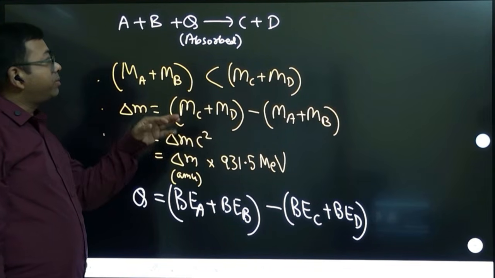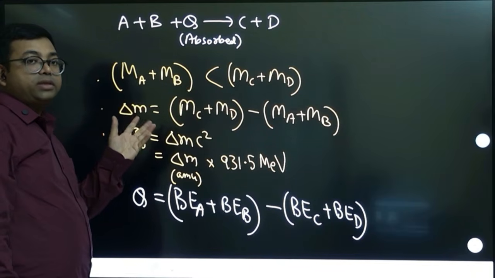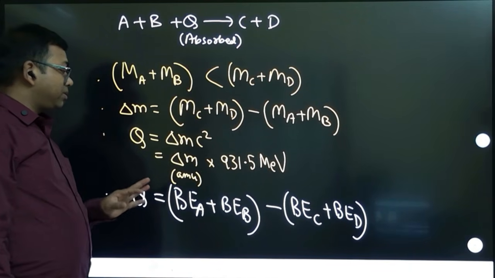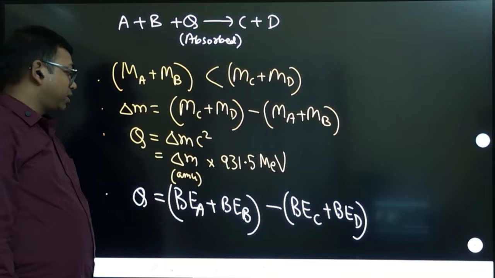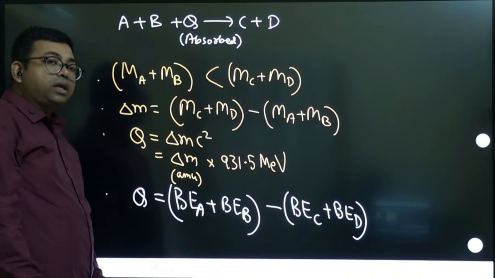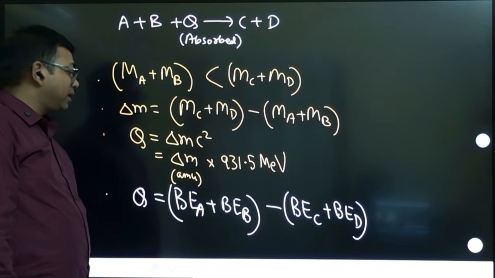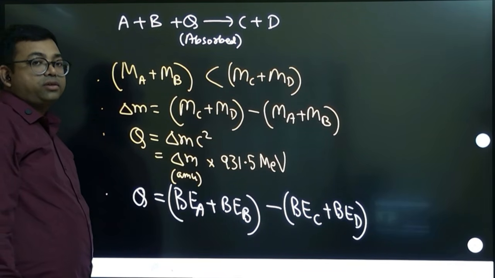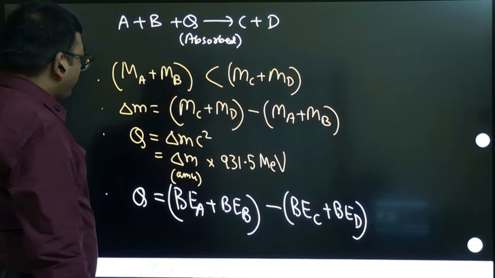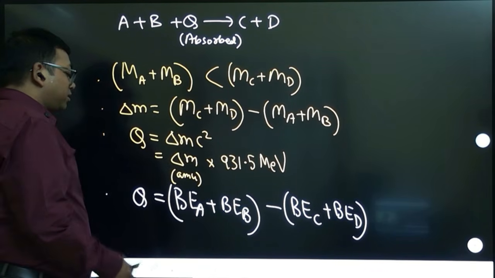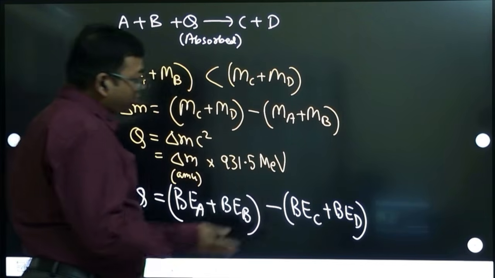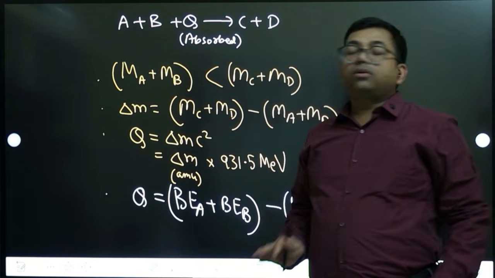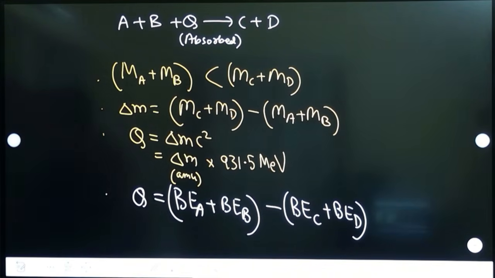So they are not forming just like that. You have to give energy to make it unstable basically. C and D are obviously unstable, but you have to give energy to convert into that. This is where people are confused. They are not understanding what they are doing in calculations. So exoergic, endoergic, this is the main thing you need to understand. And of course, binding energy can be converted into average binding energy times the number of nucleons. Those calculations we can do. So this is about endoergic and exoergic reactions.